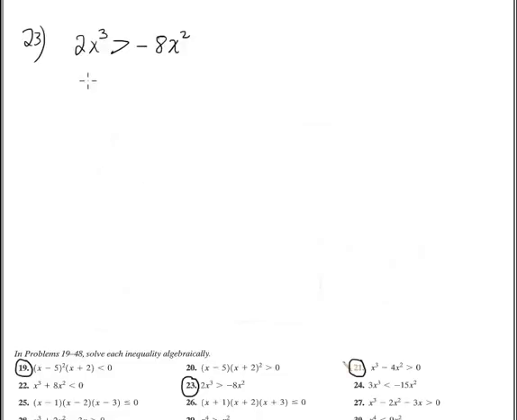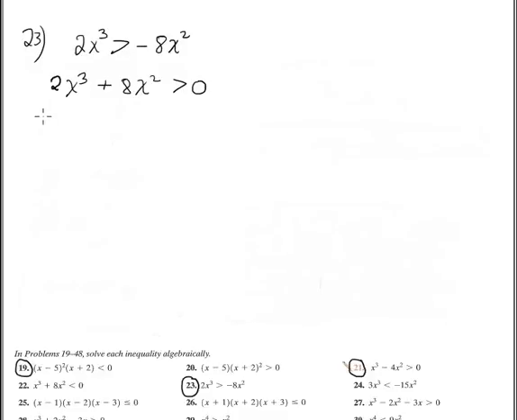Okay, polynomial inequality. The first thing you should do is express it in standard form, moving this to the left, plus x to the second power greater than 0. And find the GCF.